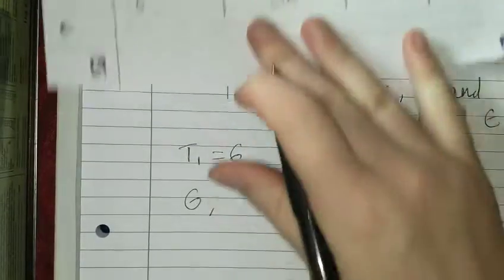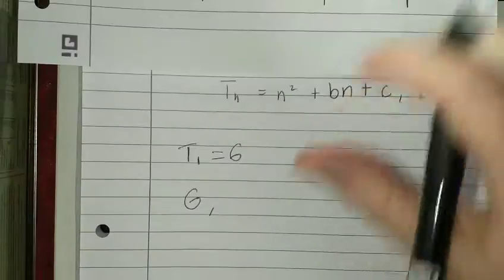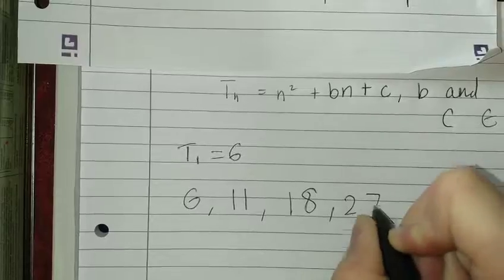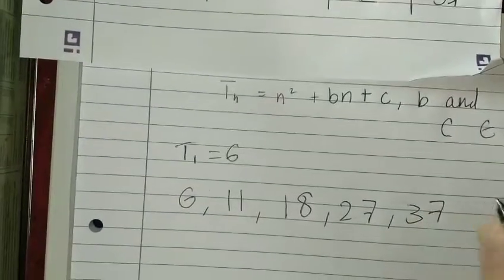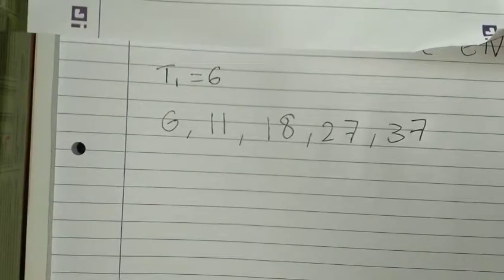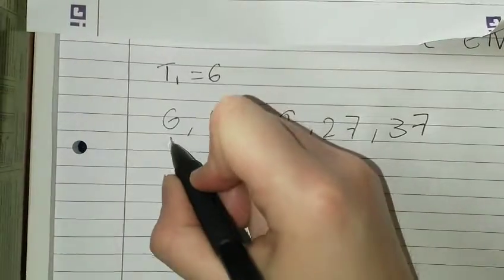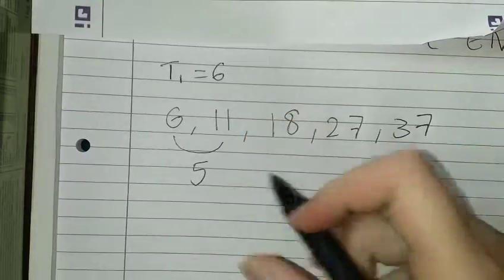We have the total numbers 6, 11, 18, 27, 38. If this is a quadratic sequence, I'm going to check first that we have a constant second difference. To get from 6 to 11 is a jump of 5.